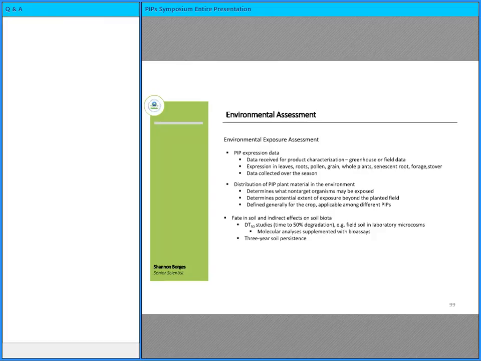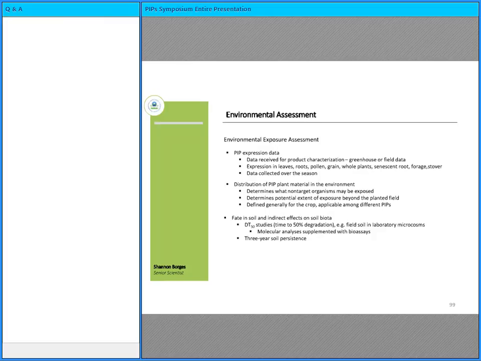So we generally have an understanding of what the plant distribution in the environment will be for corn or cotton or potato or something else. As I mentioned earlier, we wouldn't necessarily require a data submission for this unless it was something that we didn't have a lot of familiarity with or couldn't find information on. So we may ask for more specific information to be submitted for certain crops.